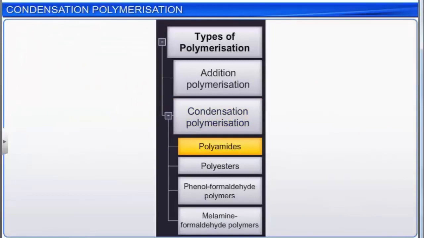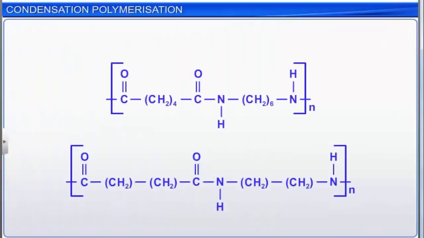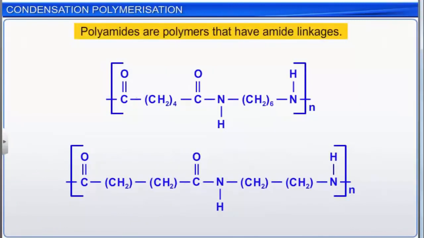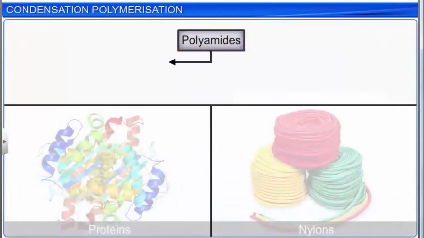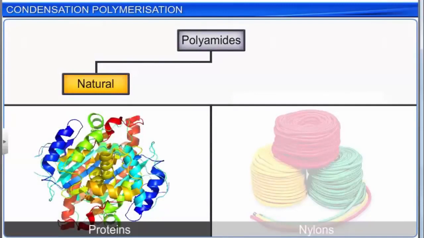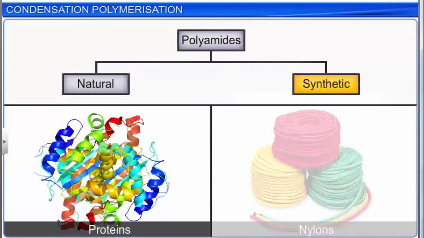Polyamides, polyesters, phenol formaldehyde polymers, and melamine formaldehyde polymers are all important condensation polymers. Polyamides are polymers that have amide linkages. Polyamides may be naturally occurring, such as proteins, or synthetic, such as nylons.